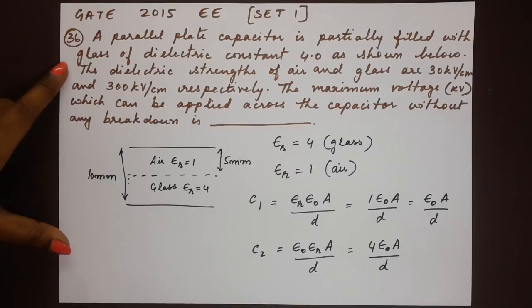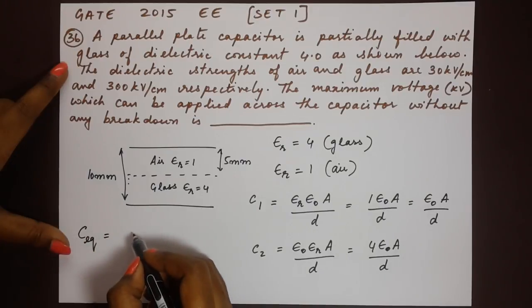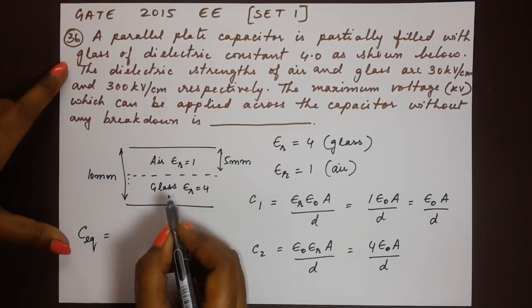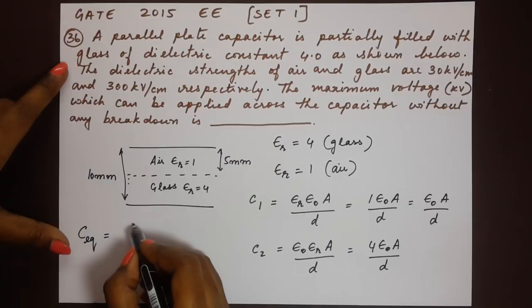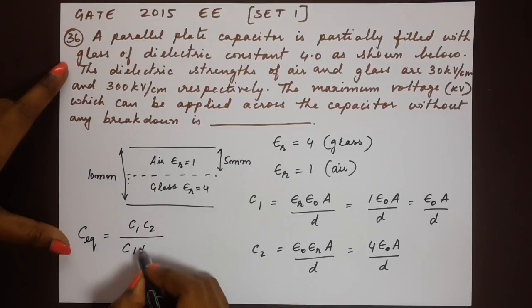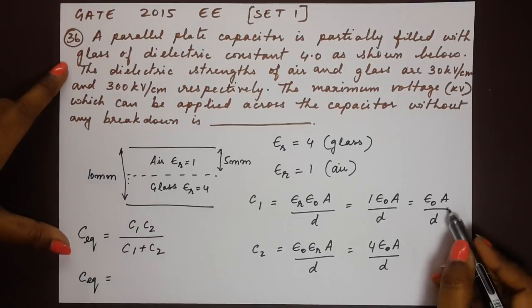Now the effective capacitance C equivalent would be both of them in series, looking at the figure given here. So we can write it as C1 C2 divided by C1 plus C2. That's the effective capacitance. So C equivalent, let's substitute the expressions here.